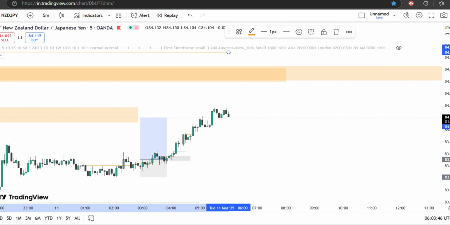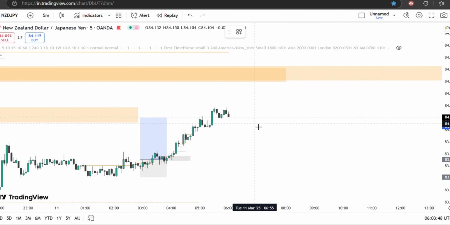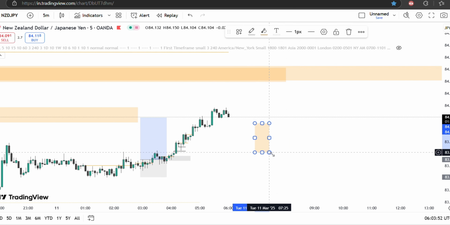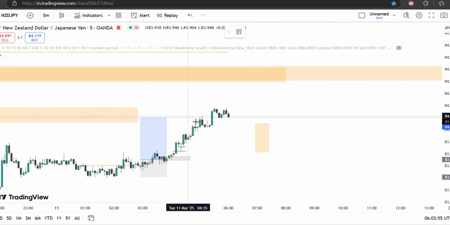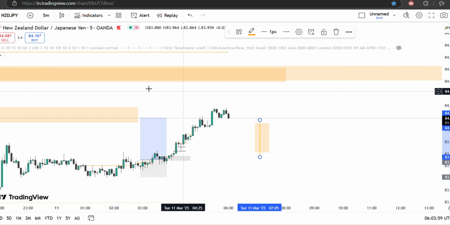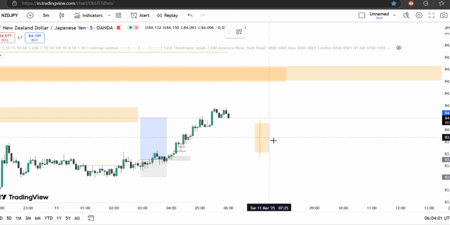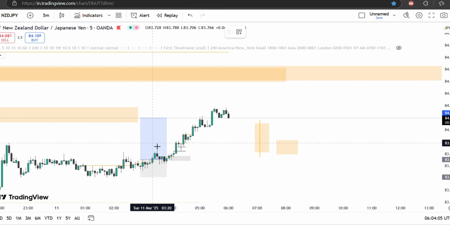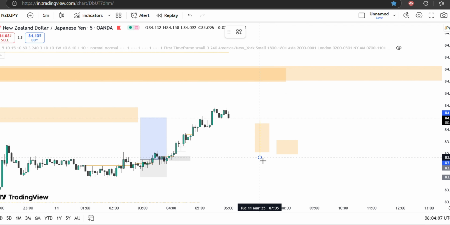You get it? So when your first candle comes close to your PD area, and then your second candle comes and takes your first candle and closes inside, this is fractal, right? Price is fractal.